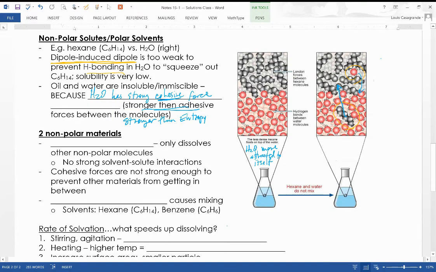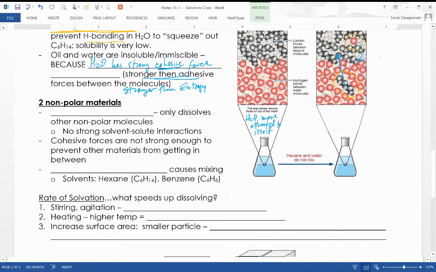Now, why do two nonpolar materials mix? Again, we saw this before, but it's worth going over again. Remember, two nonpolar molecules have only dispersion forces. We can start labeling dispersion forces, London dispersion, LDF forces. Because we only have those forces, they're only going to dissolve other nonpolar molecules.